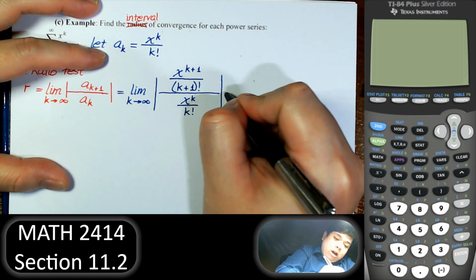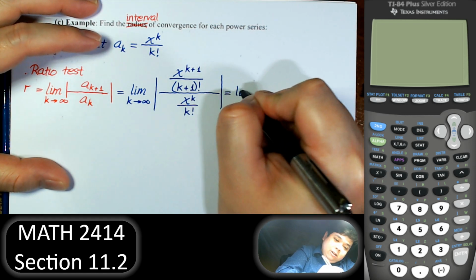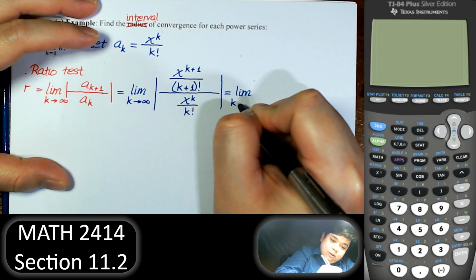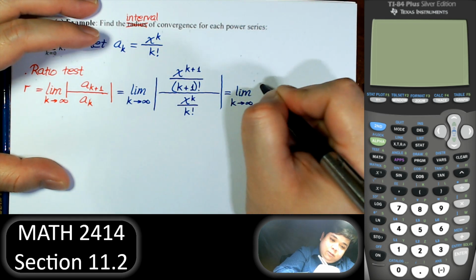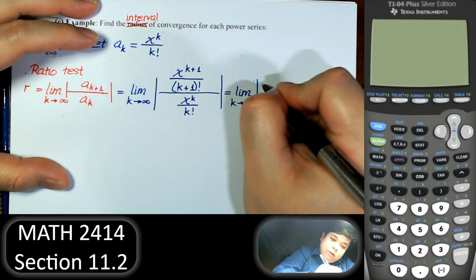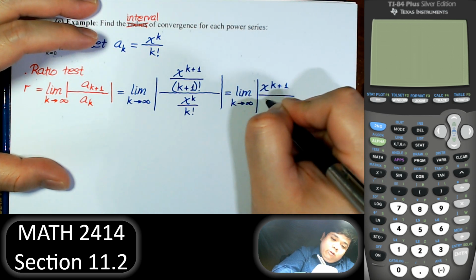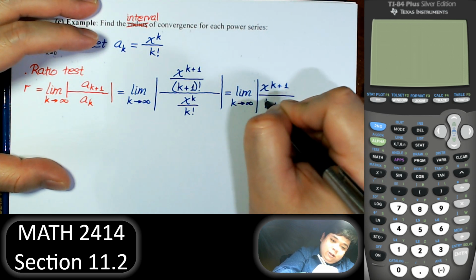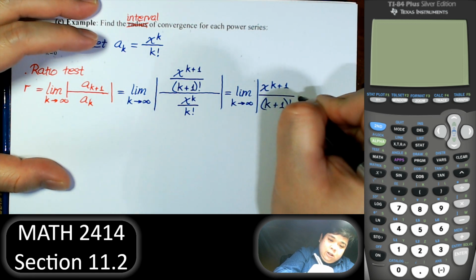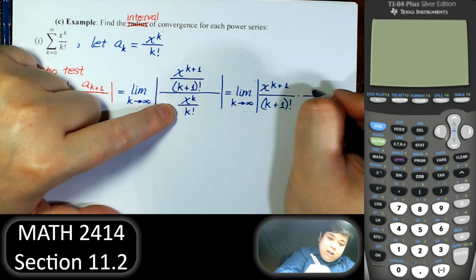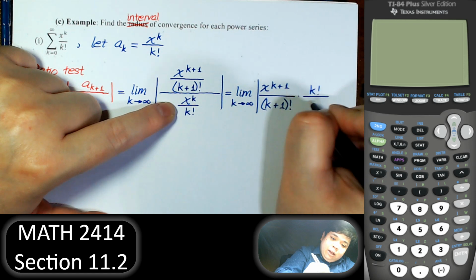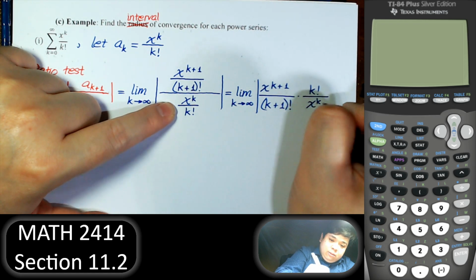Right, multiply by the reciprocal. So I have x to the k plus 1 over k plus 1 factorial, multiplied by the reciprocal, k factorial on the top, x to the k at the bottom.